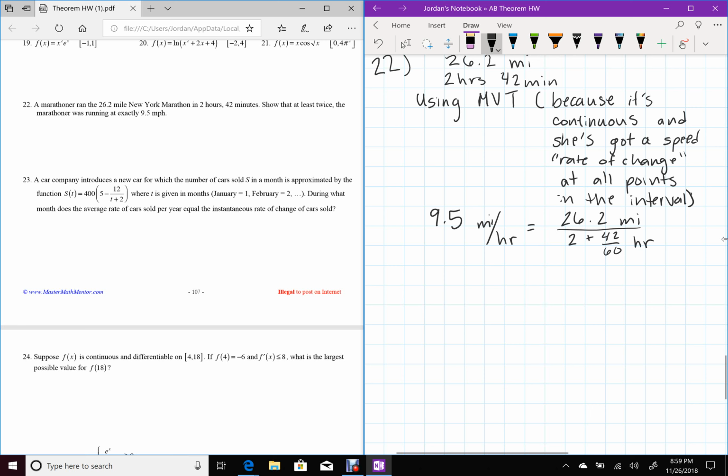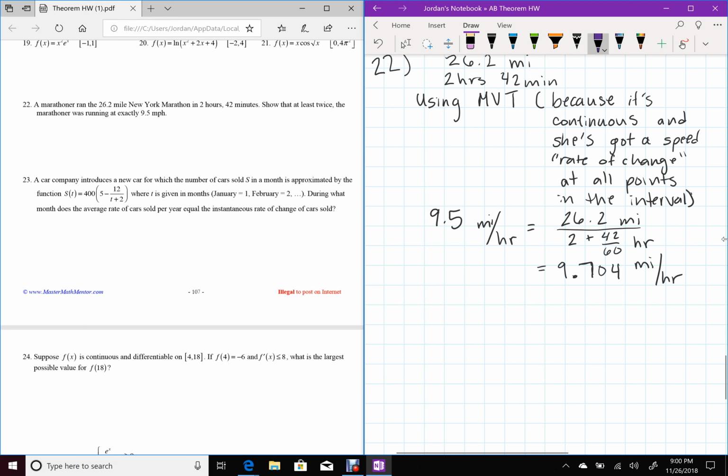So if you do that math in the calculator, you do 26.2 divided by 2 plus 42 over 60, and you get 9.704 miles per hour.